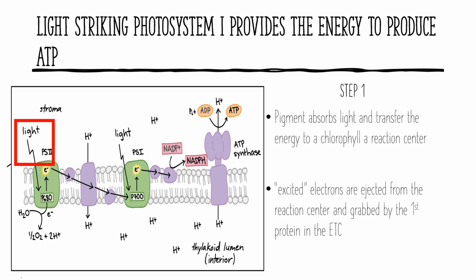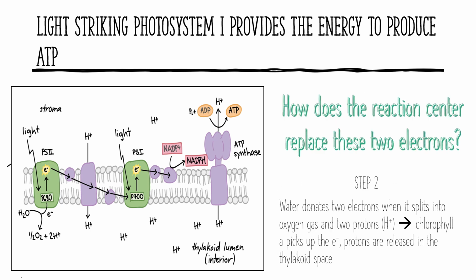The excited electrons, now packed with potential energy, are ejected from the reaction center chlorophyll A molecule and grabbed by the first protein in the electron transfer chain that links the two photosystems, as you can see in the picture.